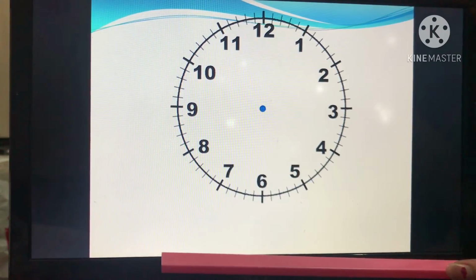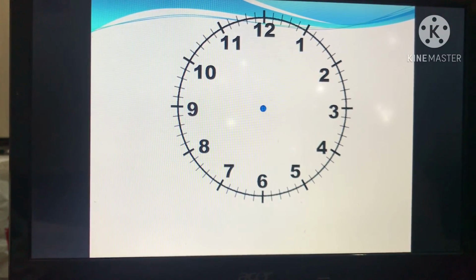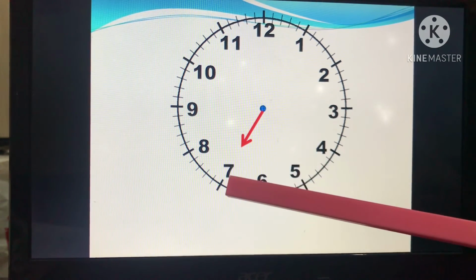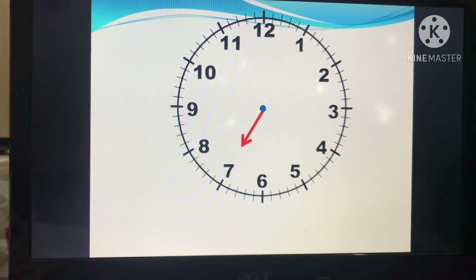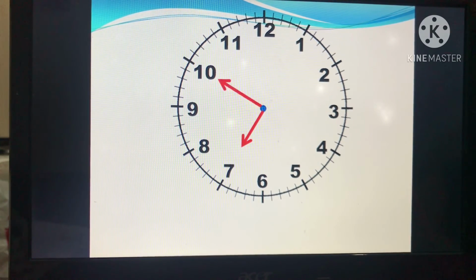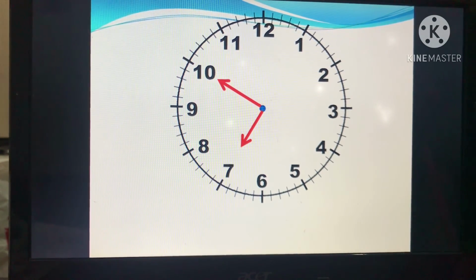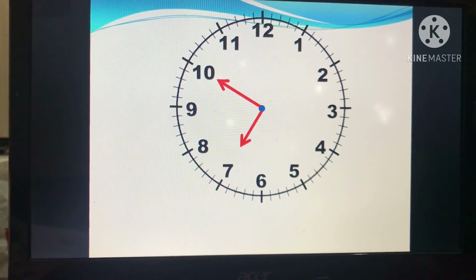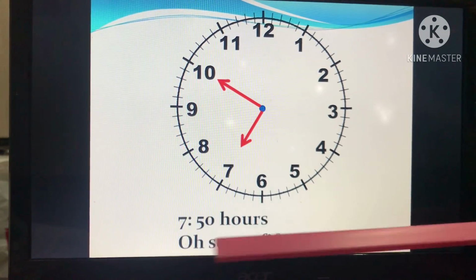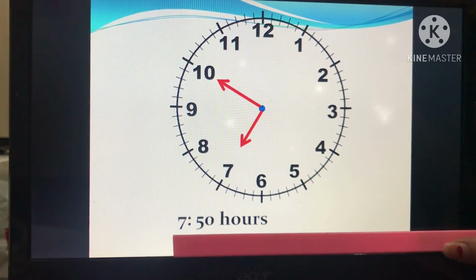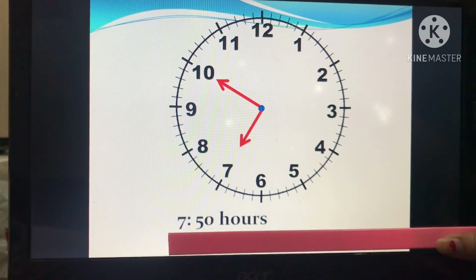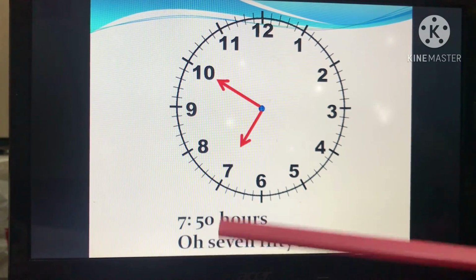Next example. The short hand is pointing to number 7. And the minute hand is pointing to number 10. So what is the time? The time is 7:50 hours. How do we come by 50?